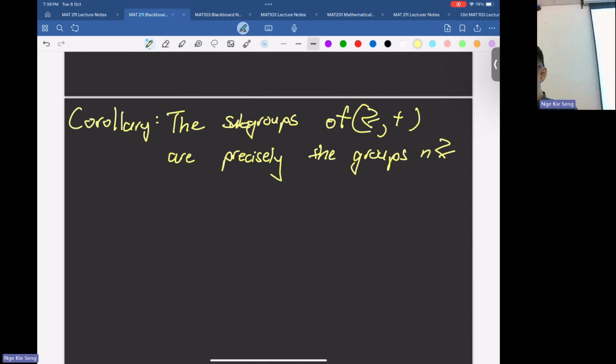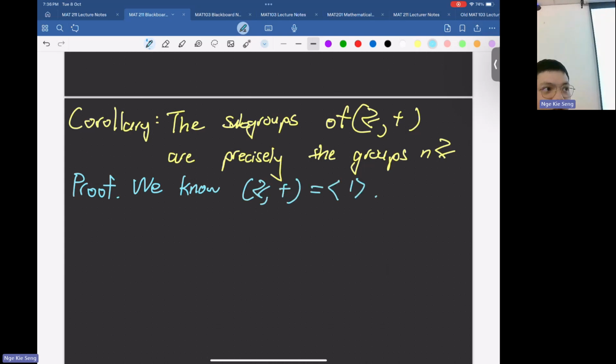How can you see this? So let's quickly go through this corollary. We know that Z is cyclic, right or not? We even know its generator is just 1.